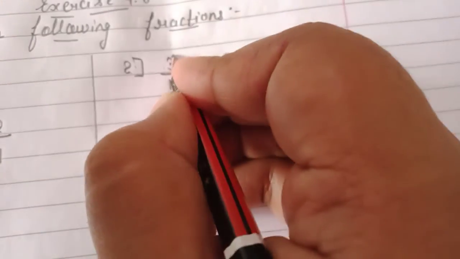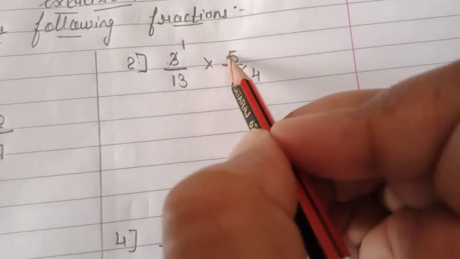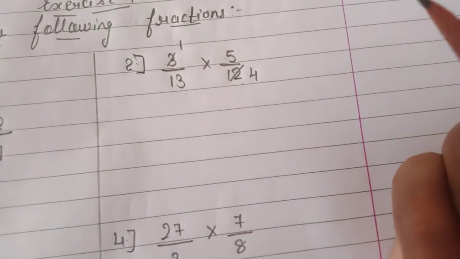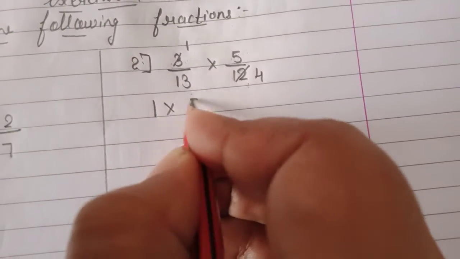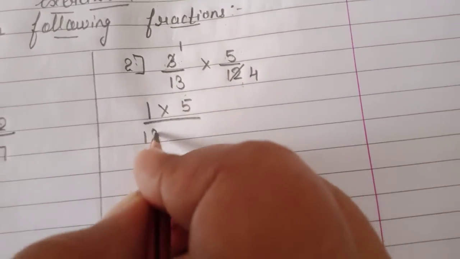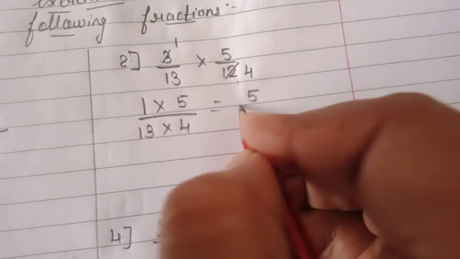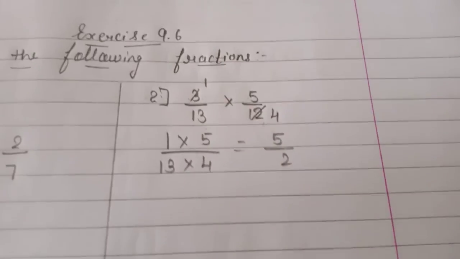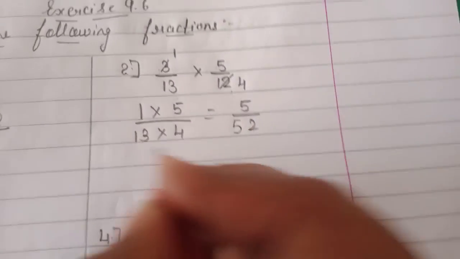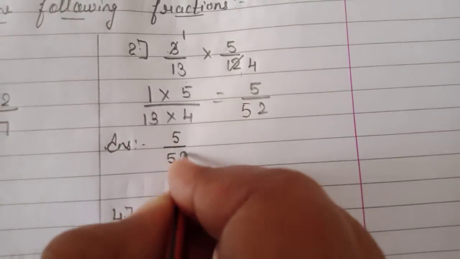Yes, 3 ones are 3 and 3 fours are 12. And in the opposite, in the 5 table, 13 will not come. So now we multiply. We write 1 multiplied by 5 upon 13 multiplied by 4. 1 times 5 is 5, then 13 times 4 is 52. So our answer is 5 upon 52.